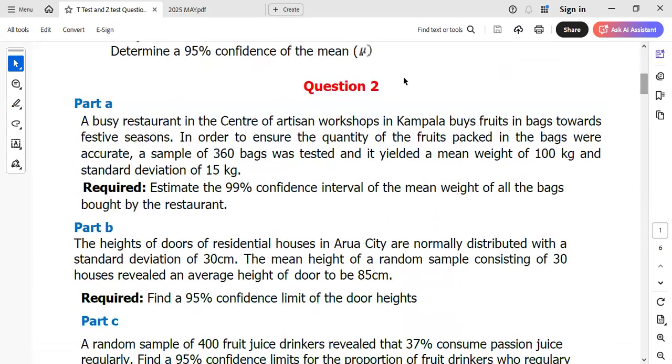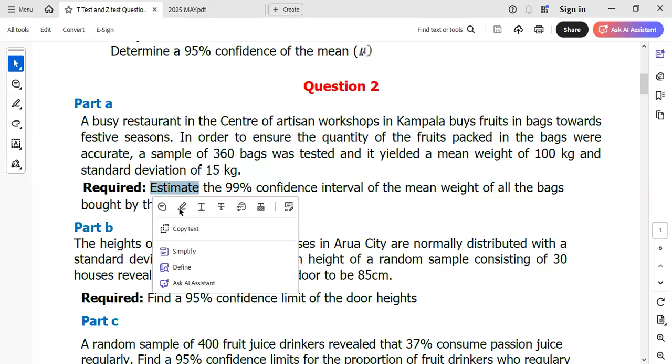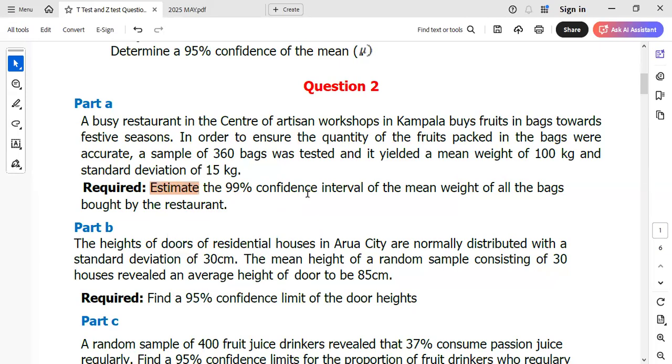Let's start with this question too. They are telling us that we estimate the 99% confidence interval of the mean weight of all bags bought by the restaurant.